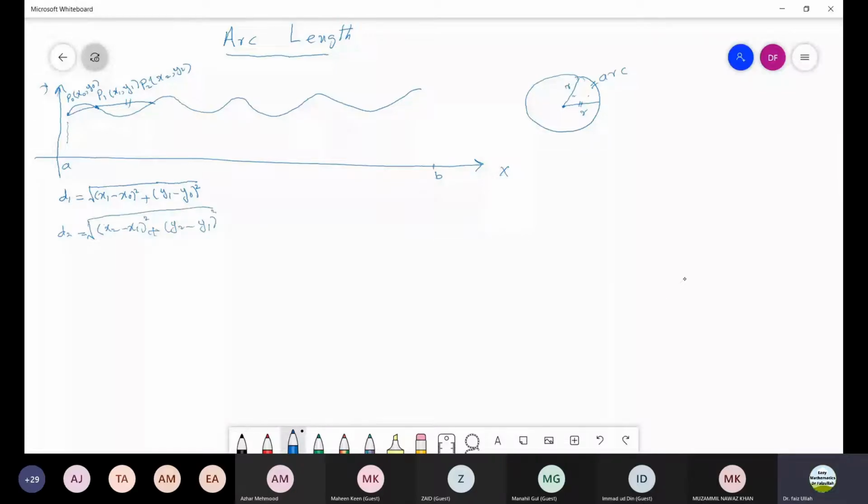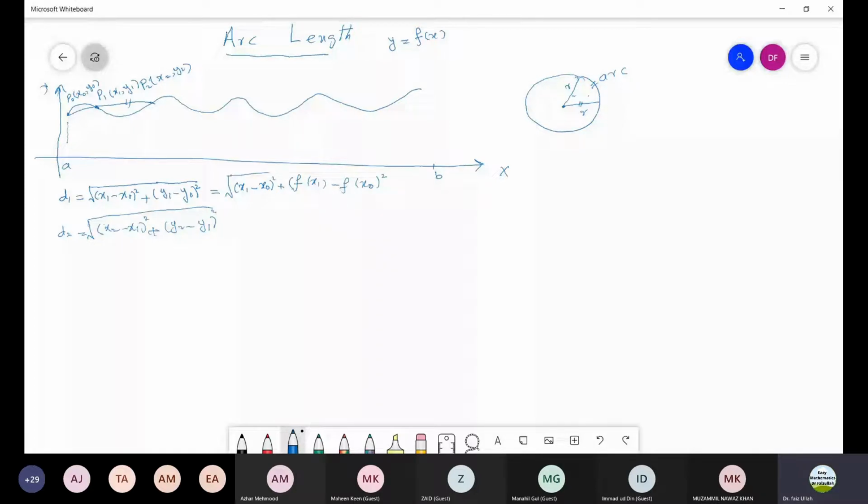So look at here, I am writing this in a different form. A different form means, let me write here, we usually write y is equal to f of x. So the function f of x is denoted by y. So now what I do here, let me write x1 as it is, x naught as it is, but instead of y1 I am writing f of x1, and instead of y naught I am writing f of x naught, whole square under the root.